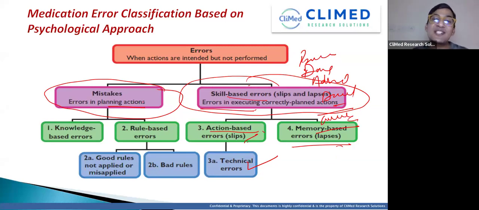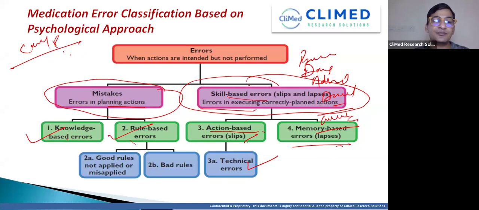Okay, what are mistakes exactly in planning part? Like knowledge based errors, rule based errors. See, I'll not go into this, but some hospitals, not only some hospitals, all corporate hospitals usually, if I tell you tazobactam, and there is a combination of antibiotics. There are the antibiotic injections.